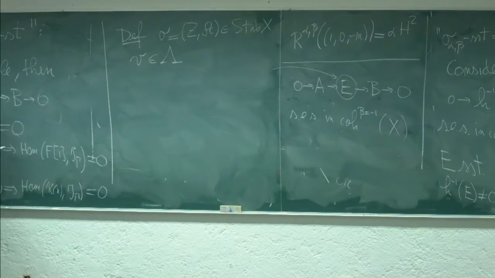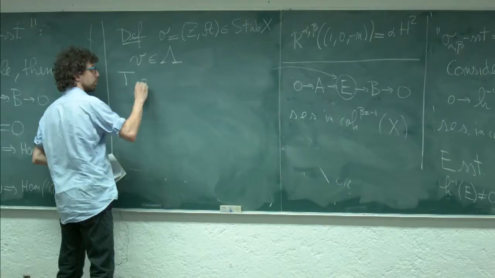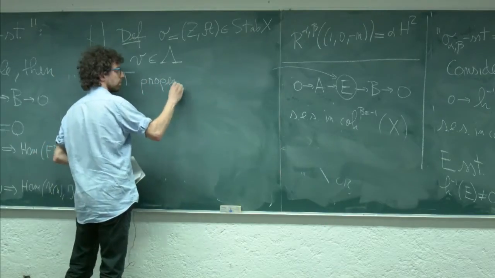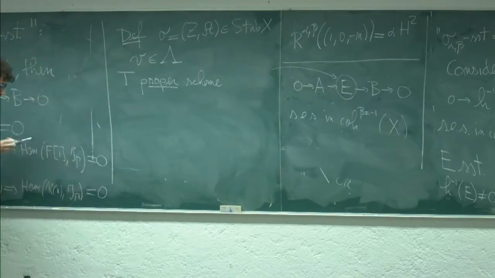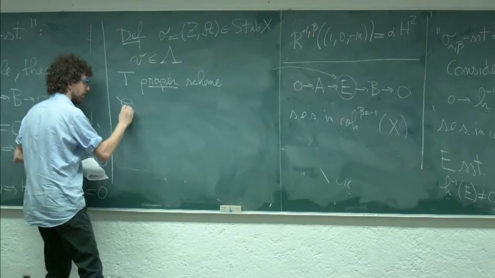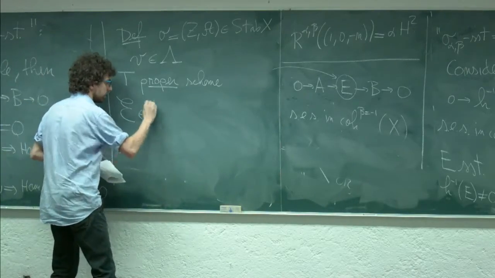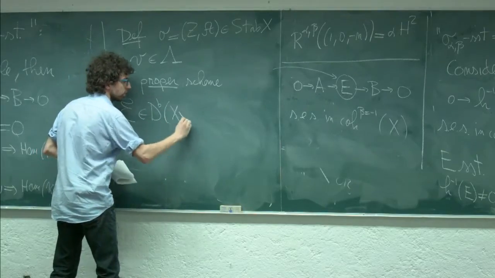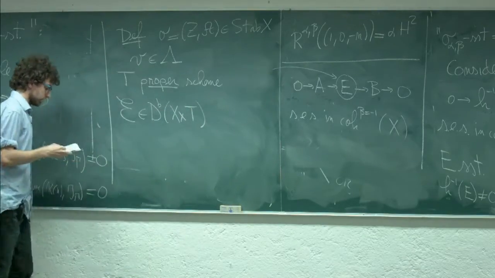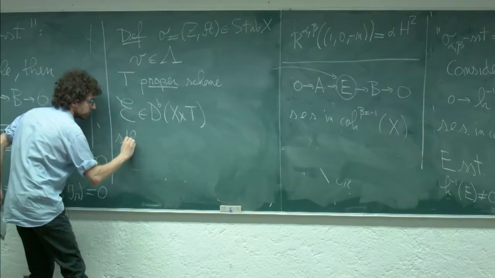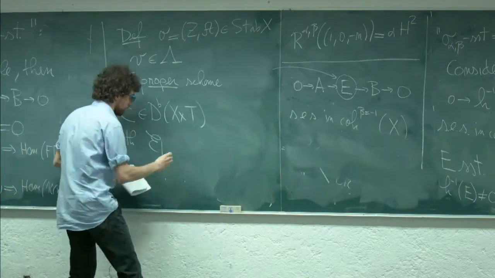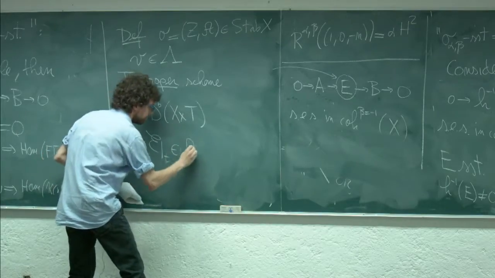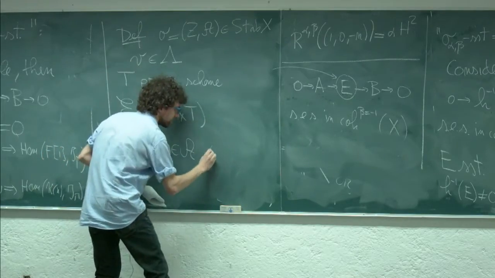Okay. And then if I take a proper scheme T, what I do is the following. I also look at a family E in D^b(X × T), as usual, such that this is a family of semi-stable sheaves. So E restricted to any point t is in A and is sigma semi-stable.